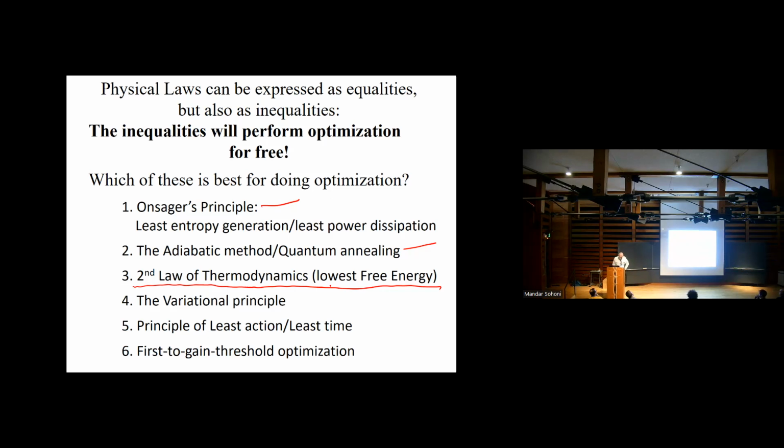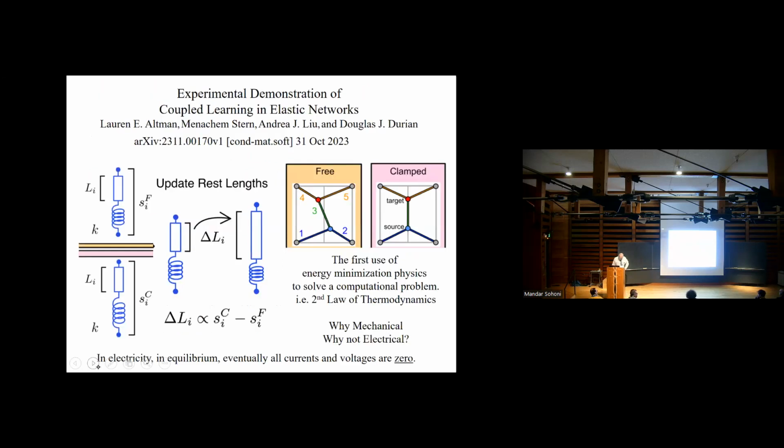It's rather useless. But we've seen some new developments, and here's a print from one of the organizers of this conference, Doug Durian, where he used a mechanical system, and it gave him a very interesting solution for a deep learning problem.